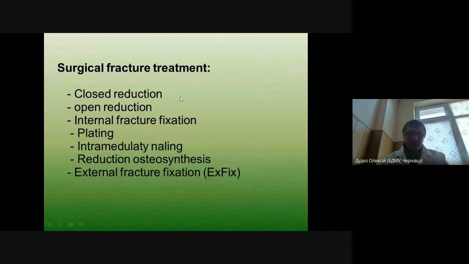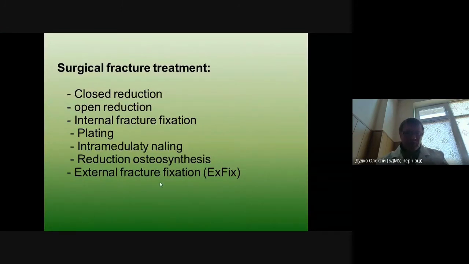So these 4 things can be combined. Closed reduction can be combined with internal fixation or with external fixation. The same with open reduction, which can be combined with internal fixation, which is usually done, and sometimes with external fixation. Note that we can use plates, called plating, intramedullary nailing, and reduction osteosynthesis, when we use small devices just to put the bone in its place, but not a very rigid fixation.